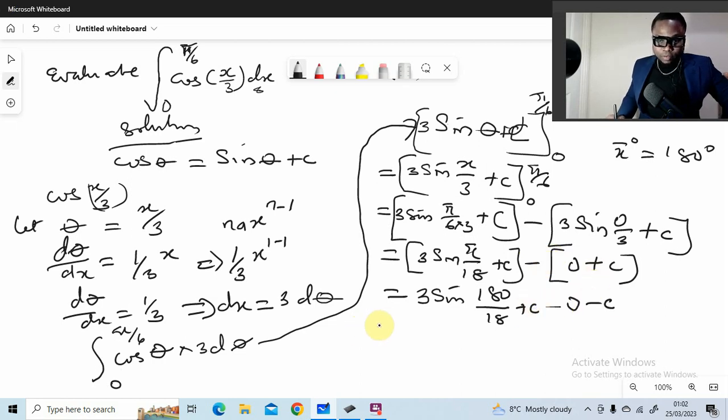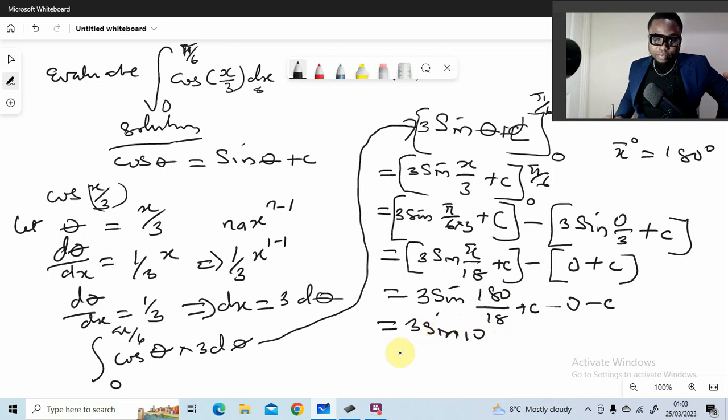So this is equal to 3 sine of 180 over 18, which is 10, plus c minus c is 0, minus 0 is 0. So I have 3 sine 10.